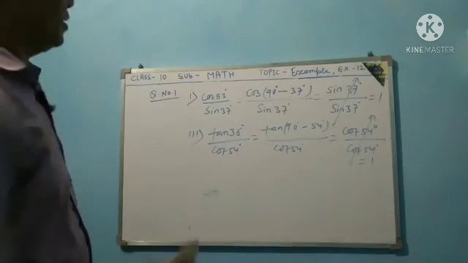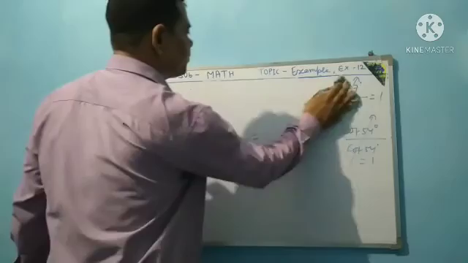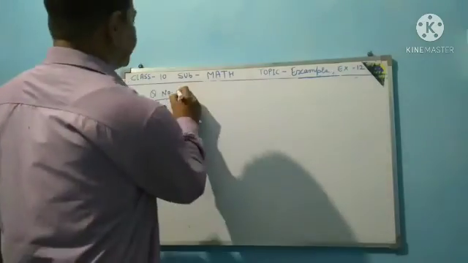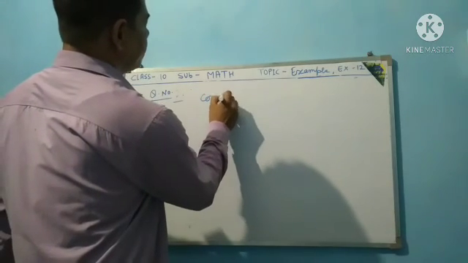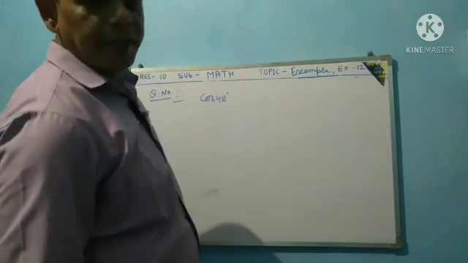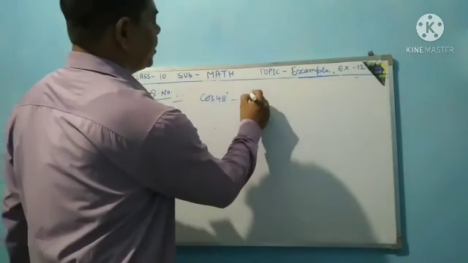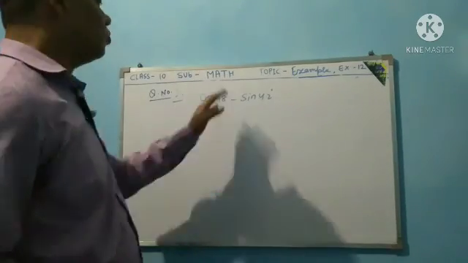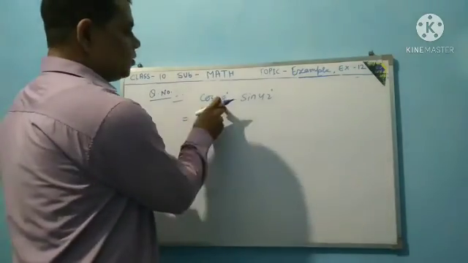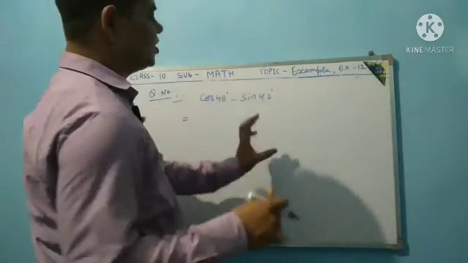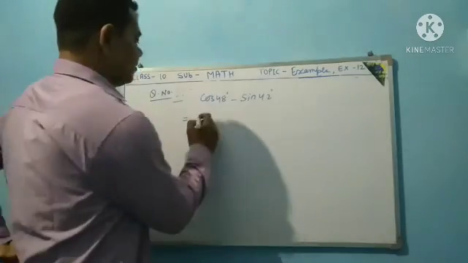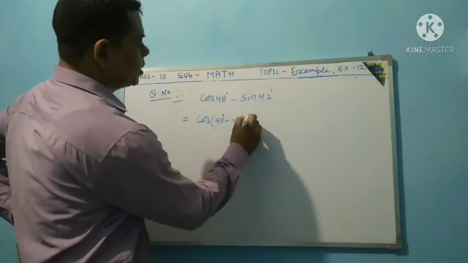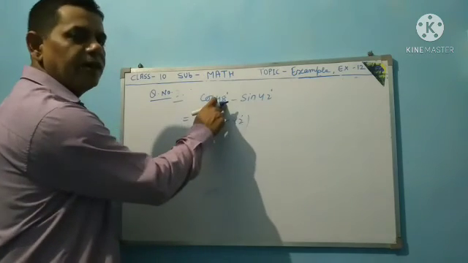Another example, question number 2, that is cos 48 degree minus sin 42 degree. In these types of questions, first one term is changed, so the other term comes. Cos 90 minus 42, that comes to 48 degree.